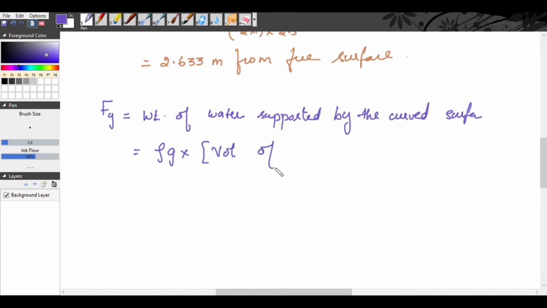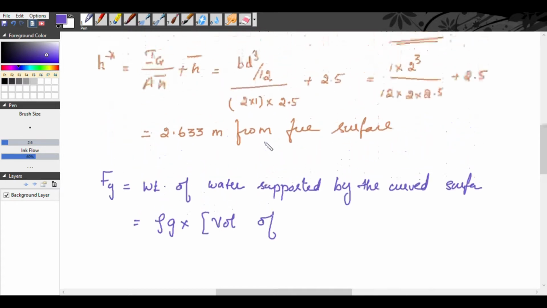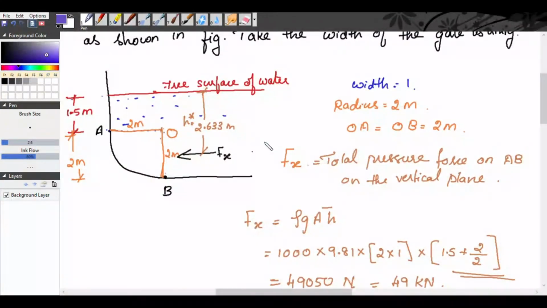So the volume of this portion. We will expand this. We will take this as D and this as C. So it is the volume of DABOC.